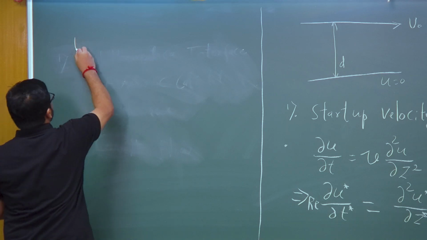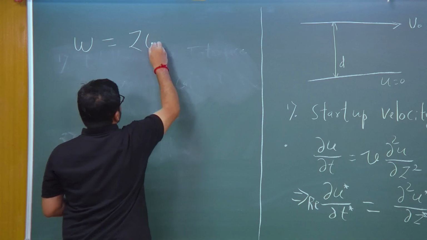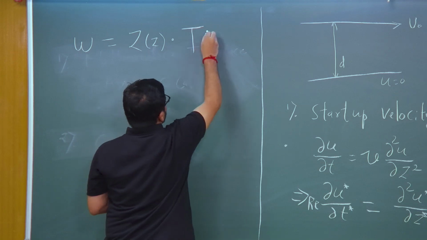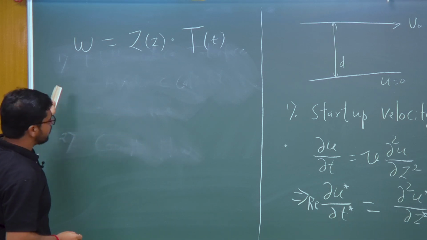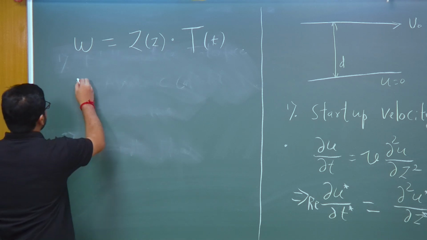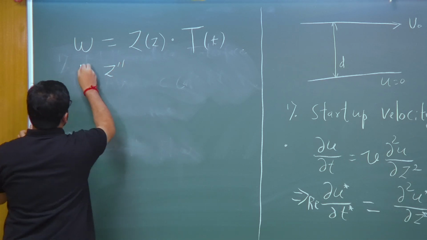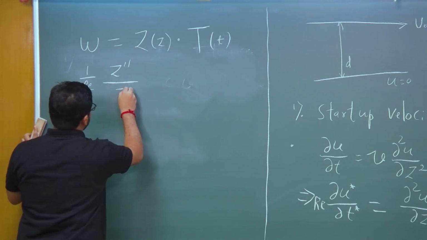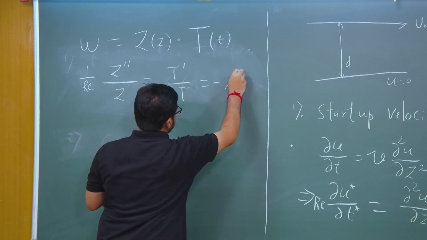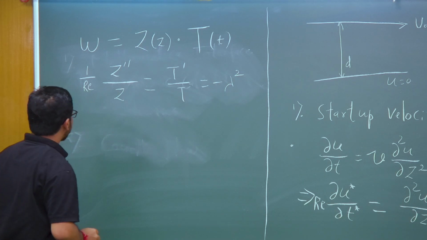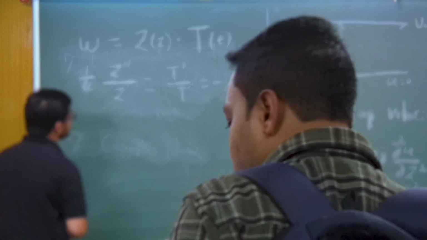Now, we put w as Z of z times T of t, and after putting the value of w from this equation into that equation, you will get 1 upon Re times Z double dash upon Z equal to T dash upon T, and this is equal to minus lambda square.